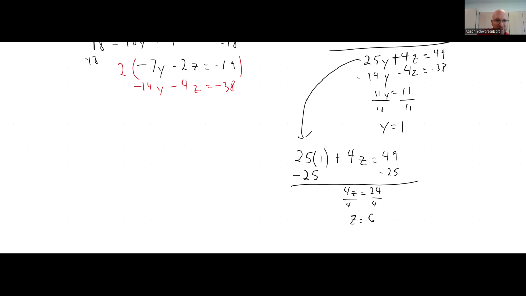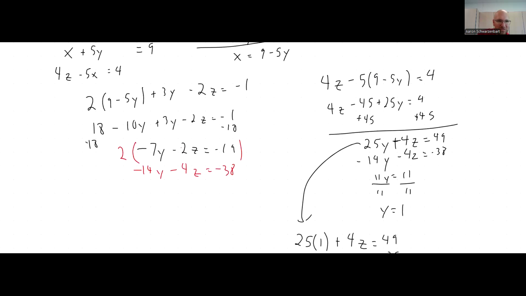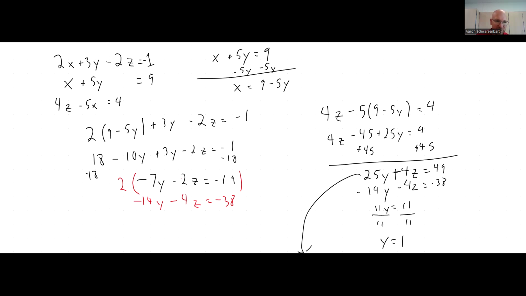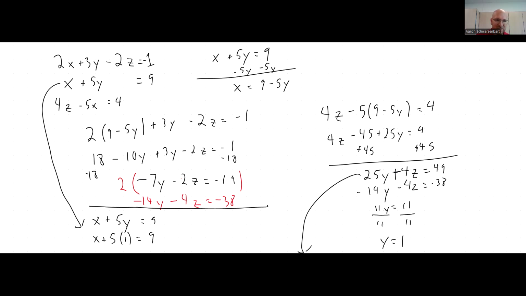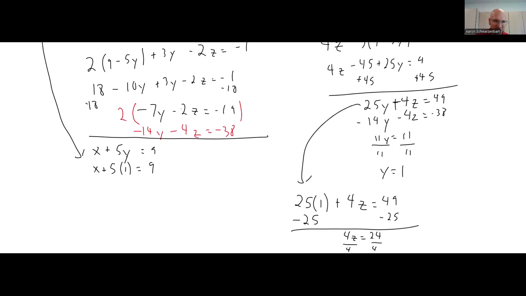I now need an equation with x in it. I like this one up here: x plus 5y, which y happens to be 1, equals 9. So x plus 5 times 1 equals 9. 5 times 1 is 5, so I'll subtract 5 from both sides. x equals 4.